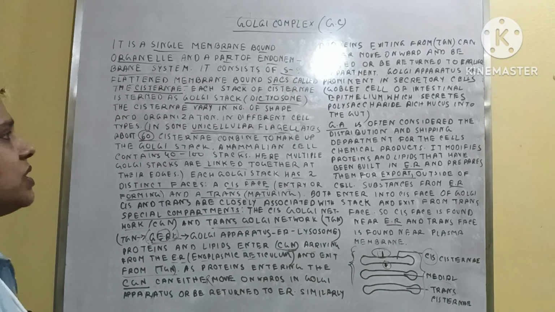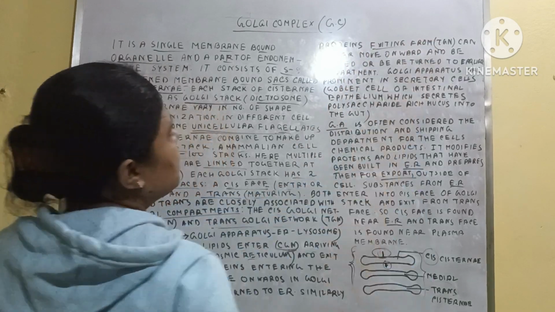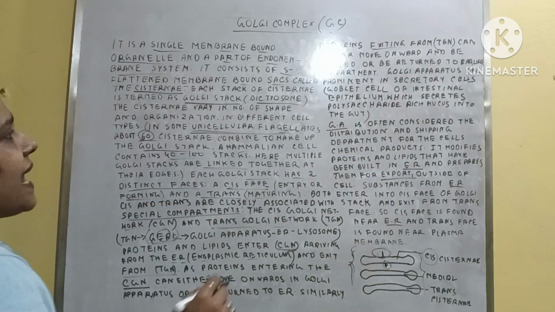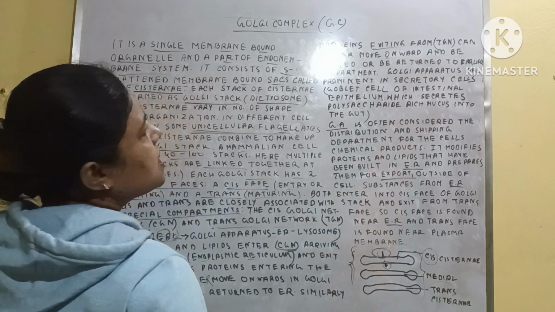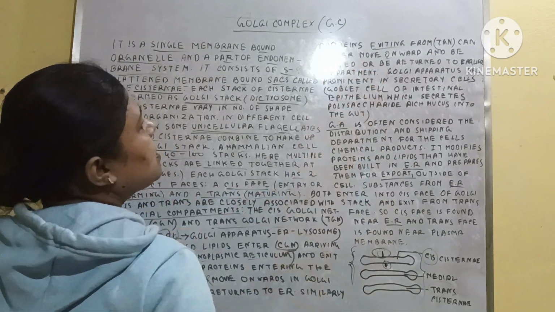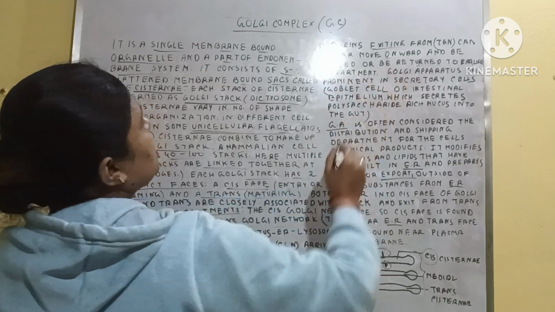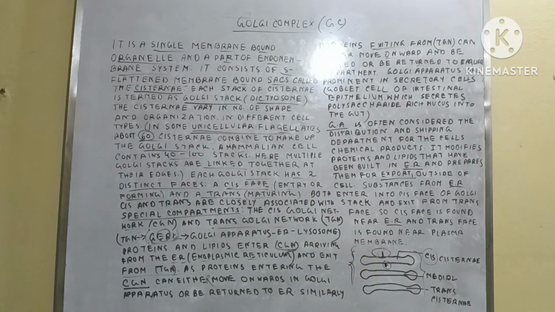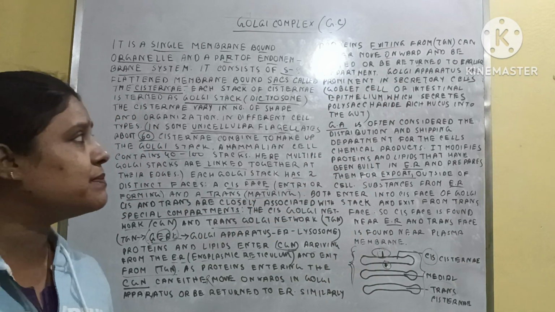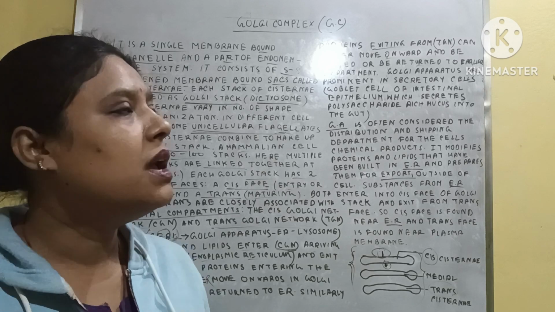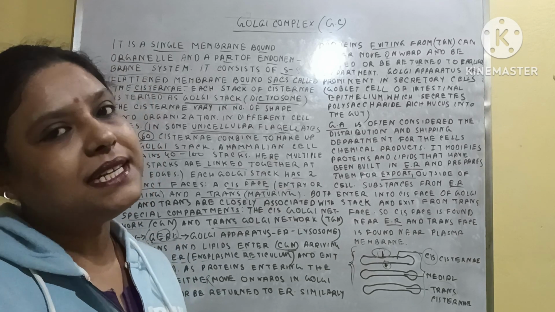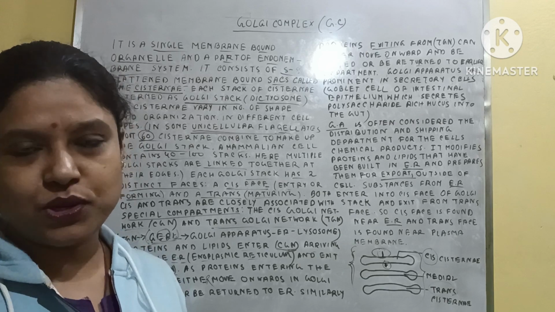Similarly, any proteins exiting from the TGN can either move onwards and be sorted or be returned to an earlier compartment. Sometimes maturation of the protein is complete, because protein particles enter the Golgi apparatus for maturation.